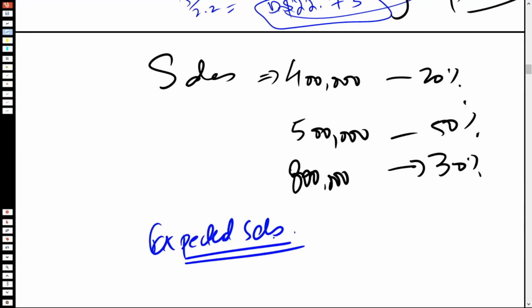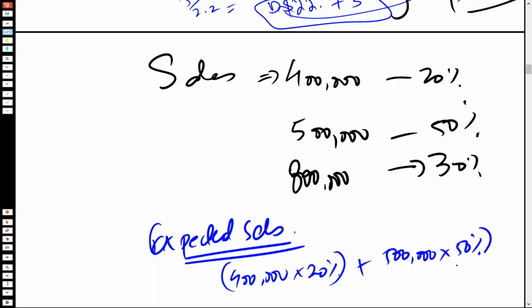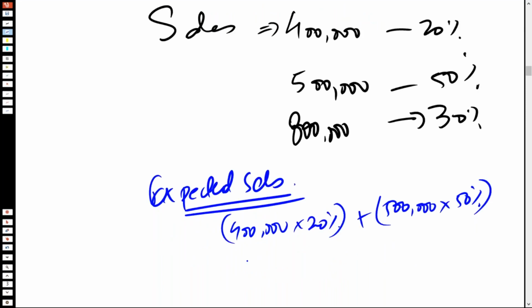So the expected sales are going to be 400,000 into 20% plus 500,000 into 50% plus 800,000 into 30%. So that is something you would have to keep in mind.